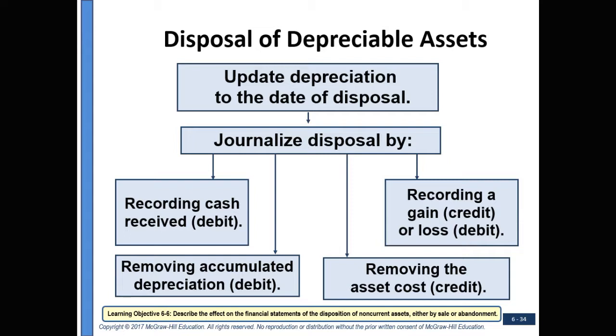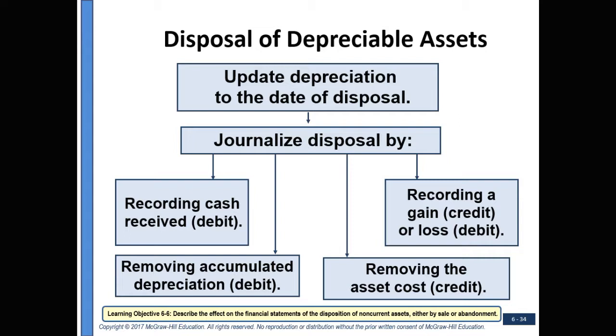And then we will either debit a loss or credit a gain to record whether there is a loss or a gain tied to the disposition of this asset. Those gains and losses from asset disposals appear on the income statement. They're not something that is regular, operating, or planned necessarily.